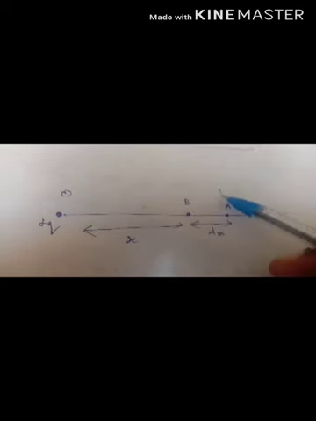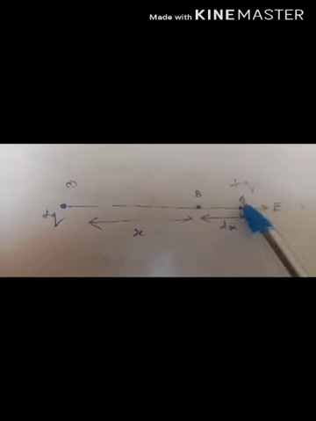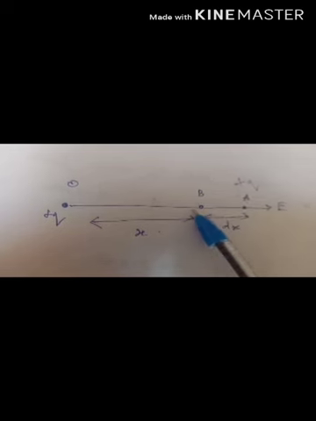Next, consider when a unit positive charge is moved from A to B. The unit positive charge plus Q placed at A has to move from point A to B against the electric force.